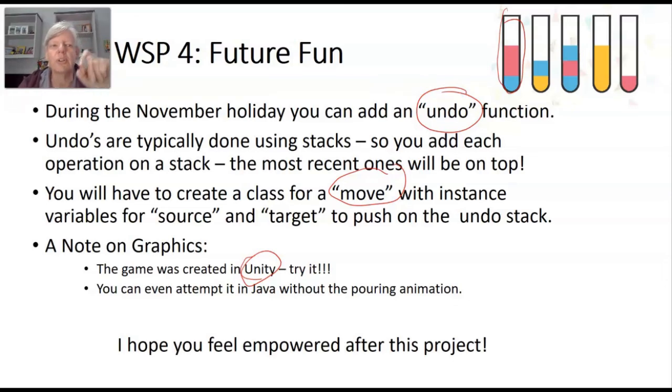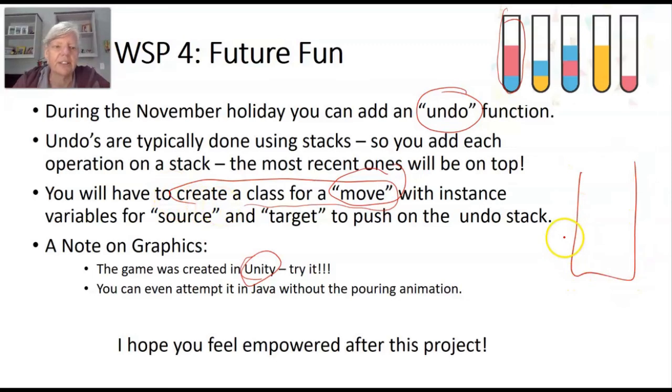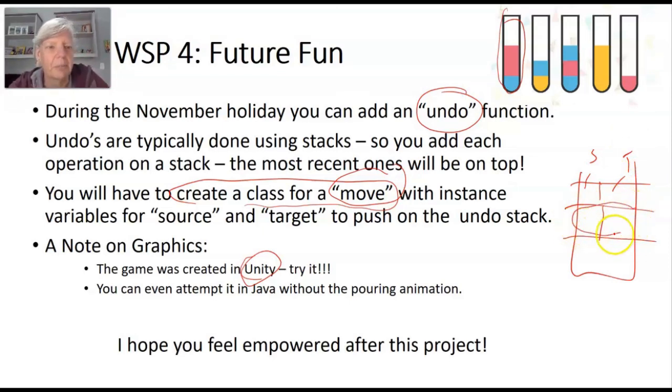But I want you, in the holiday, to do it, just to play with your game. You will need to create a class for a move, and store objects of your move class in a stack. Your move class must have a source and a target, so that you can undo the move. Every time there's a valid move from the beginning of the game, you push that move on the stack, and then you pop it every time the user does an undo.